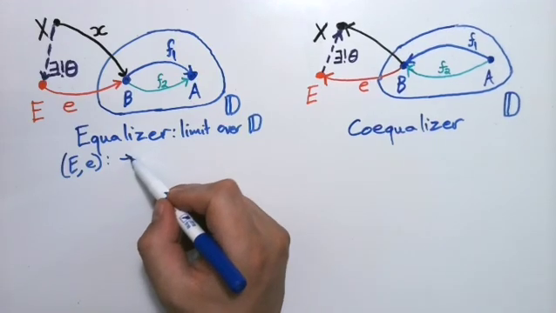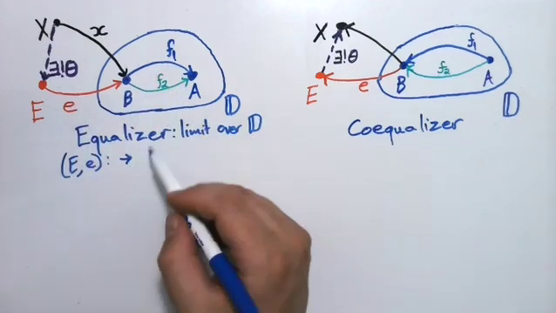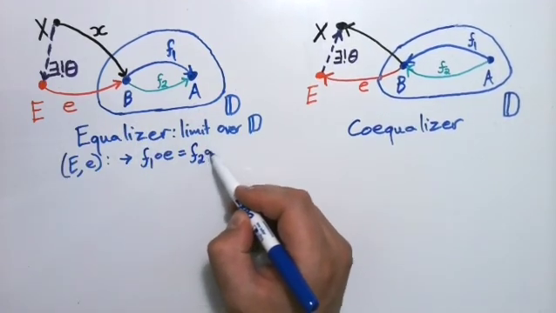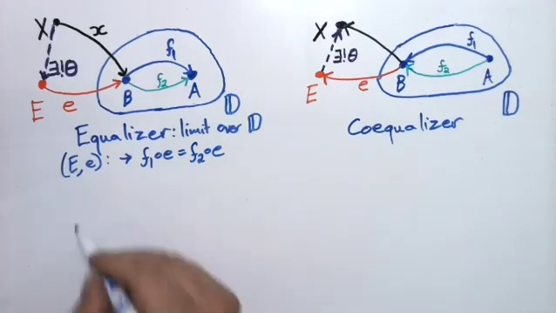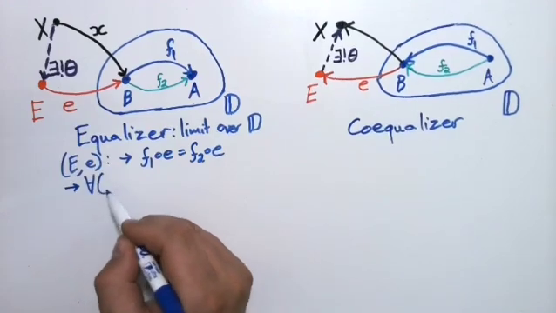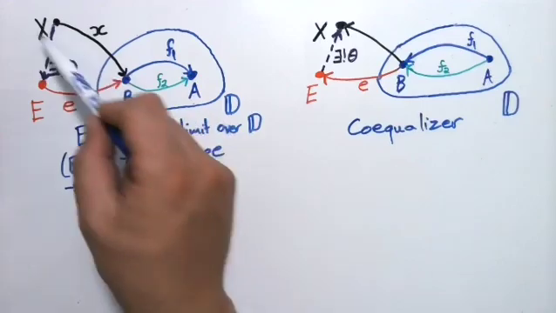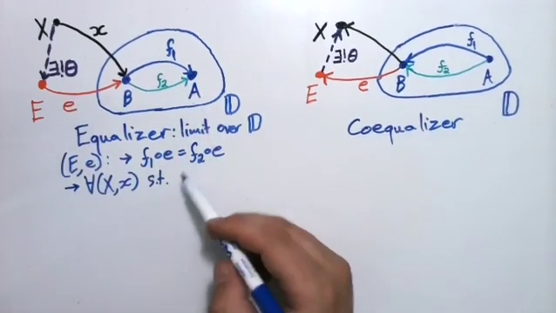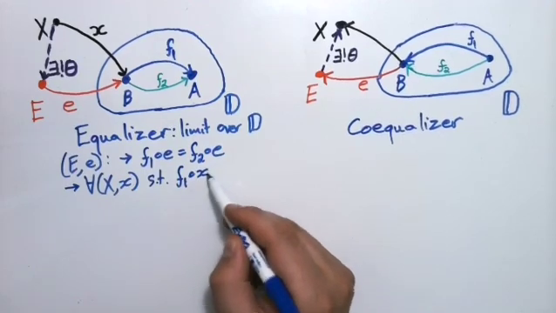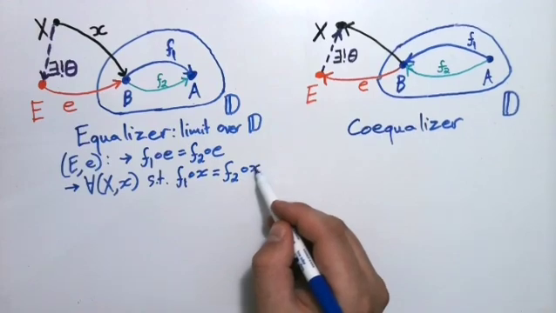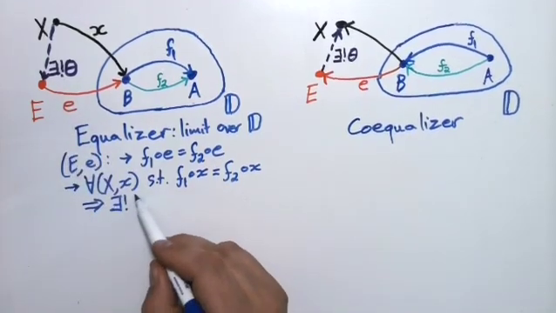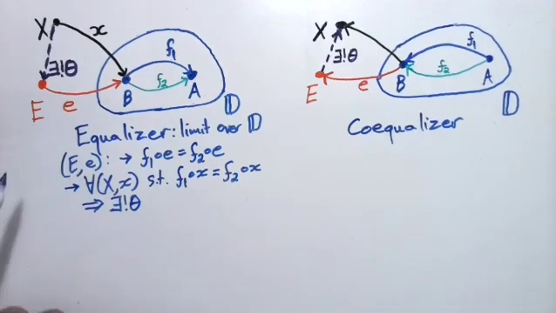So what does that give us here? Well, that means we need to have that F1 after E needs to be equal to F2 after E. And we also need the universality property, which says that for any pair X, X, like this here, which is another cone over D, that is, which commutes in the same way, so we have F1 after X equals F2 after X, well then we must have some unique mediating morphism theta such that we can effectively factor this morphism through our equalizer morphism.